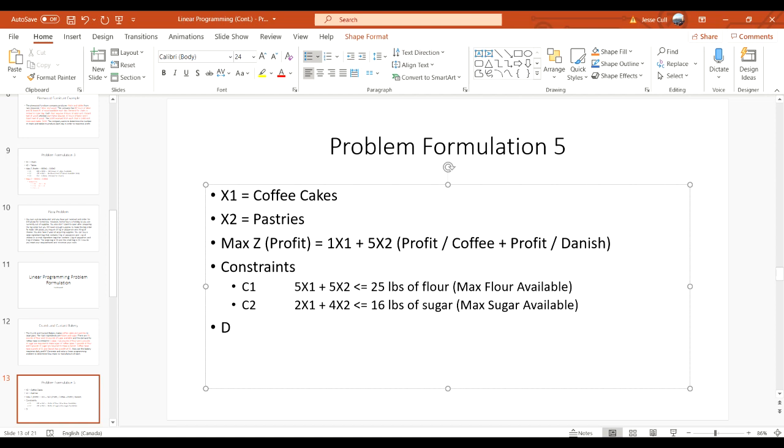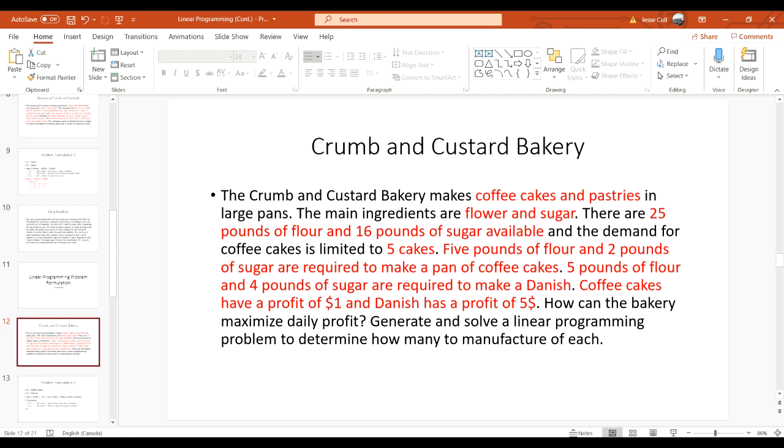We also have one more, so let's review. The demand for coffee cakes is limited to 5 cakes. We saw earlier, when we initially reviewed how many cakes we'd probably make, that coffee cakes aren't very profitable. So it looks to me like coffee cakes have a profit of $1, Danish have a profit of $5.